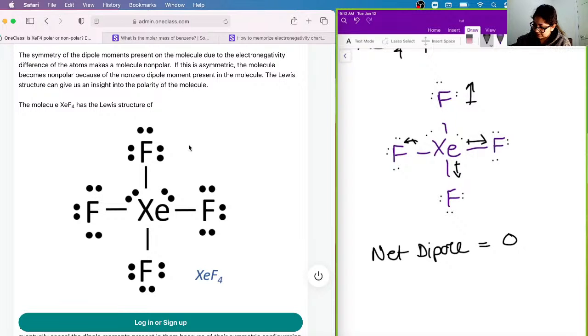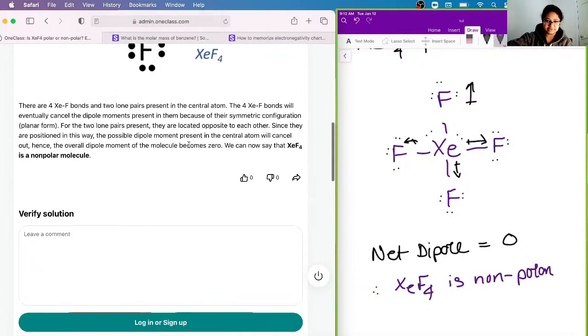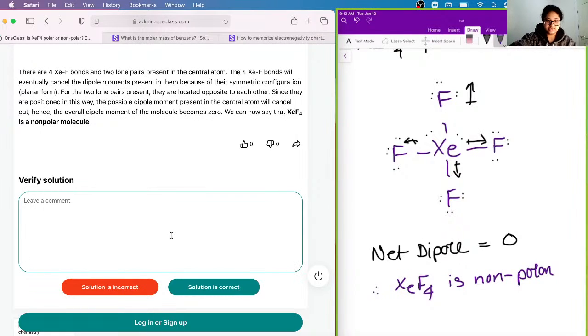Therefore, your molecule of xenon tetrafluoride is nonpolar. And this is what they have, so the solution here is correct.